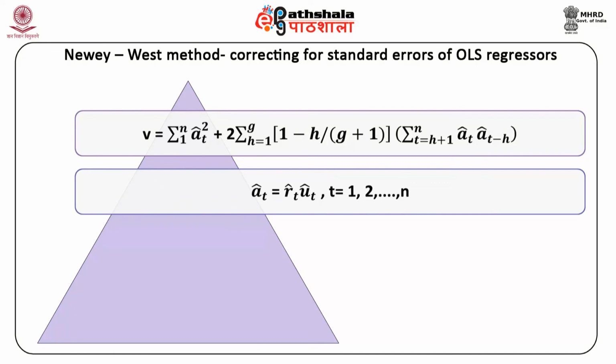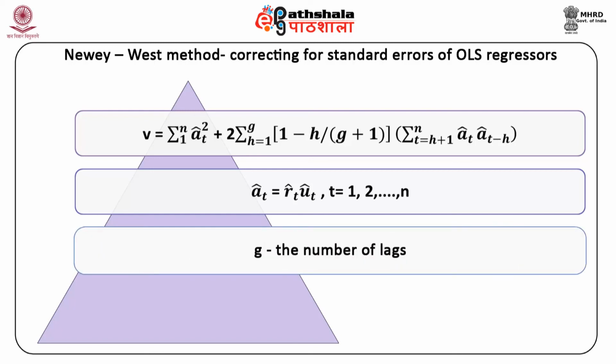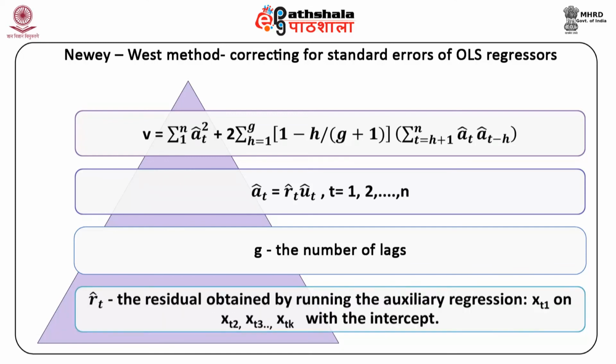At hat is equal to rt hat into ut hat, where t is equal to 1 to n. Z is equal to number of lags, and rt hat is the residuals obtained by running the auxiliary regression xt1 on xt2, xt3 till xtk with the intercept.